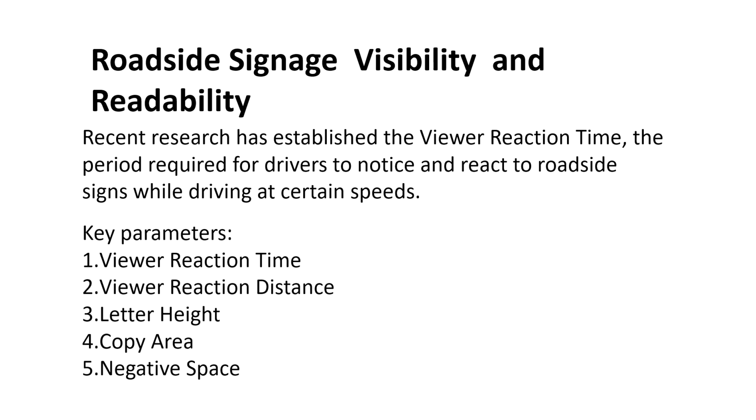What are these parameters? First, viewer reaction time, viewer reaction distance, letter height, what is the cover area and what is the negative space. The combination of these will actually give us the tangible formula to decide what should be the size of our signage, what should be the letter height of our signage.